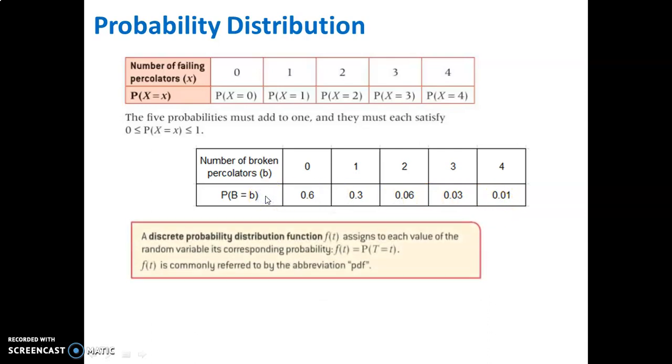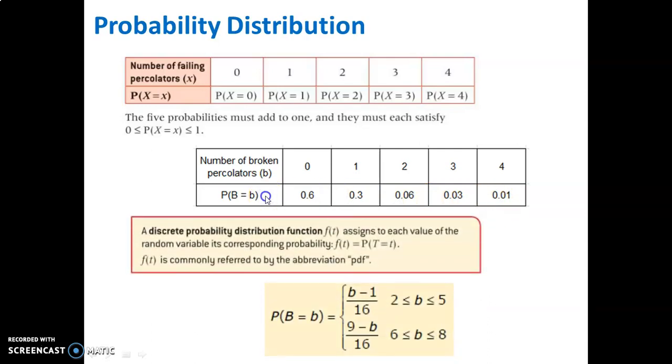Two key points here. One key point is that these values must add up to 1. These show all the possible outcomes. There can be 0 breaking, 4 breaking, or anything in between. So that shows all the possibilities that can happen in this coffee shop. Therefore, if you add up all those probabilities, it must add up to 1 or 100%, because this covers all the options possible. That's something really key to know.